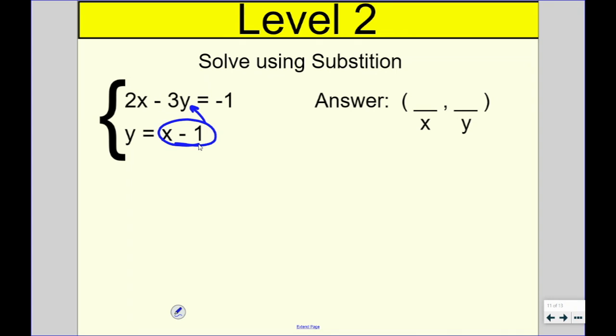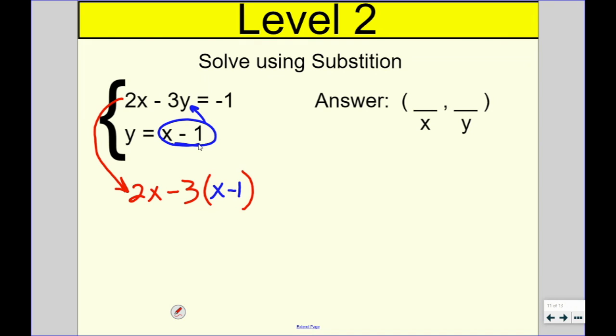I'm going to rewrite this first equation. Let me use maybe a different color. I'm going to rewrite it down here as 2x minus 3. Oh, instead of y, I'm not going to write y. I'm going to write my x minus 1. This was my substitute.